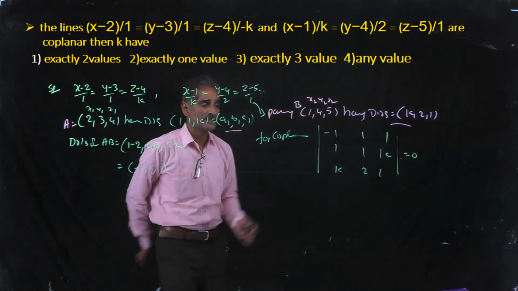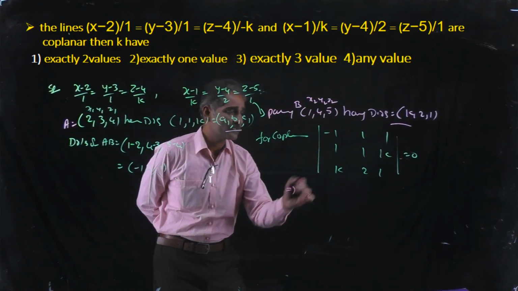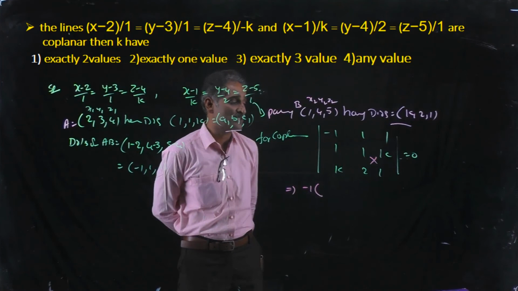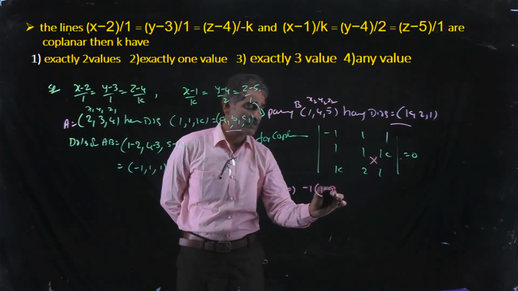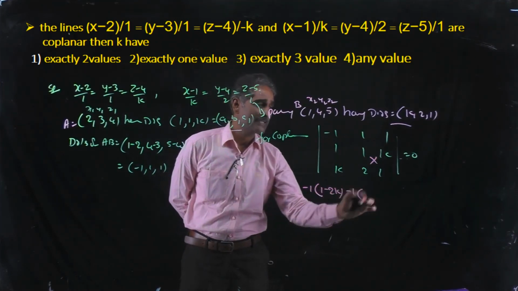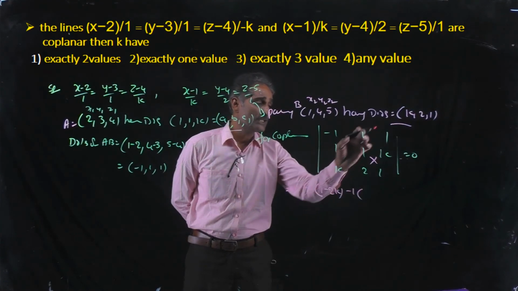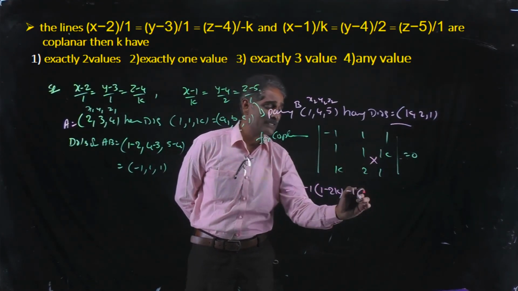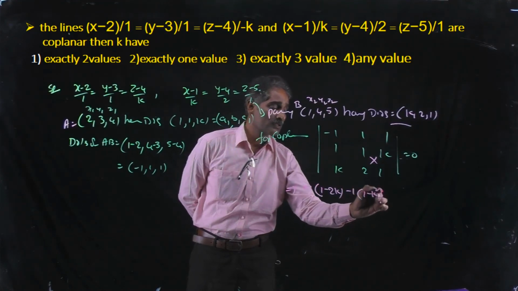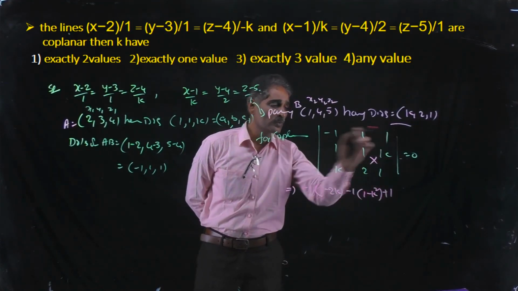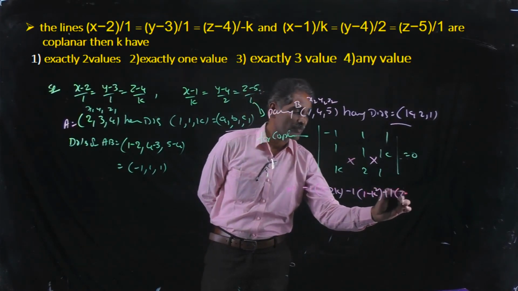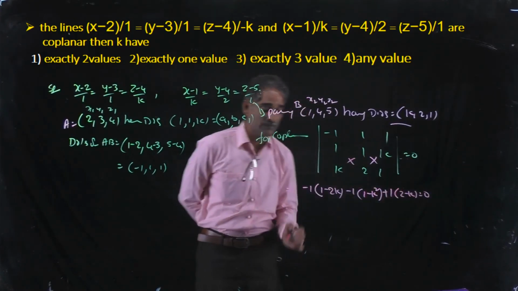So find out the determinant. Here the determinant value is minus 1 into AD minus BC, 1 minus 2k. Next minus 1 into, so leaving the column and row elements, 1 into 1, 1 minus k square, plus 1 into AD minus BC, 2 minus k equal to 0.